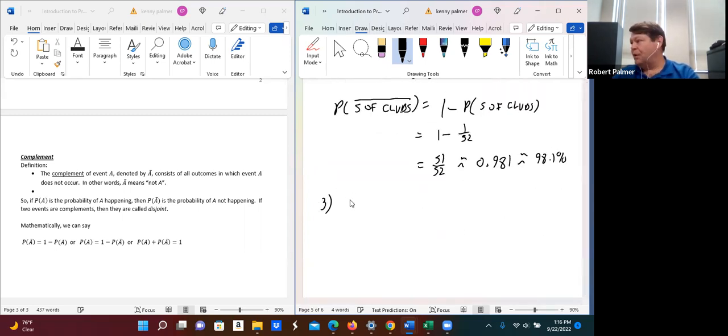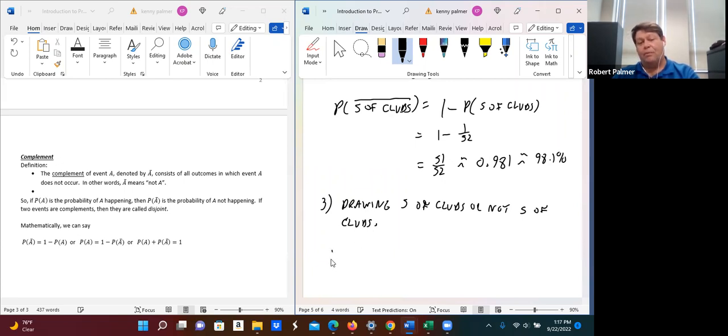And this one, let's say, this time with the probability of drawing the 5 of clubs, or not the 5 of clubs.